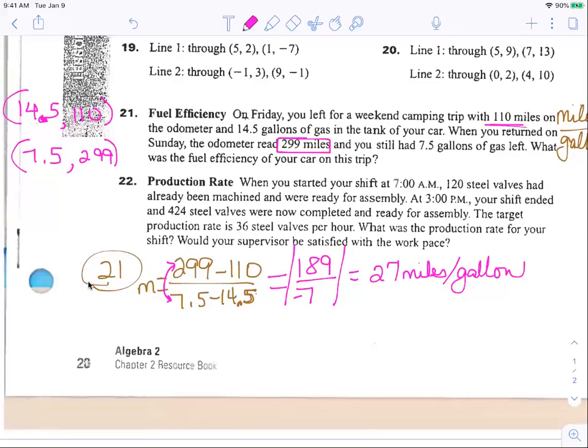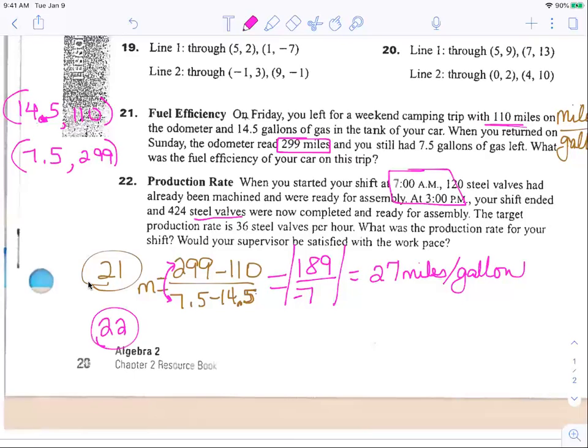So there's a couple of things that we have to think about here. When we're talking about a rate, miles per gallon helped us figure out the type of fraction we want to come up with. For 22, we are making steel valves, and the time is in hours.